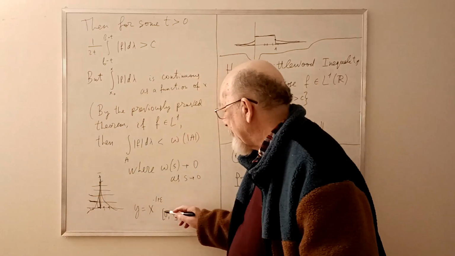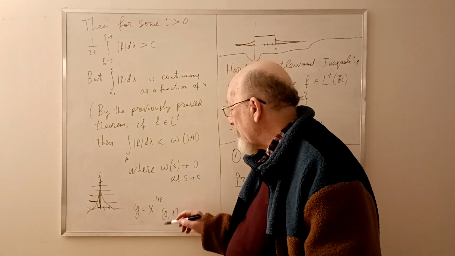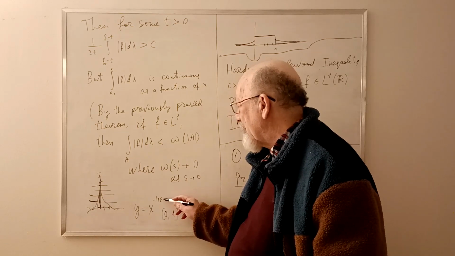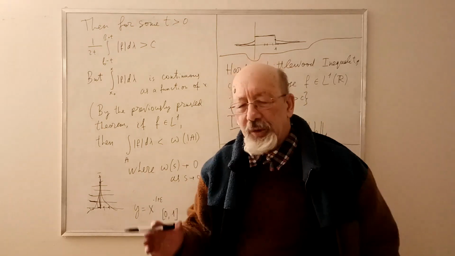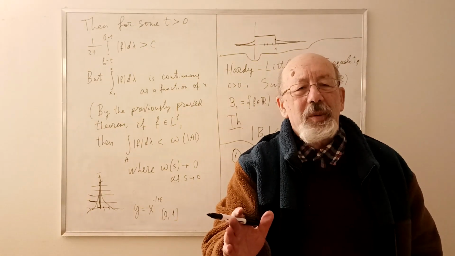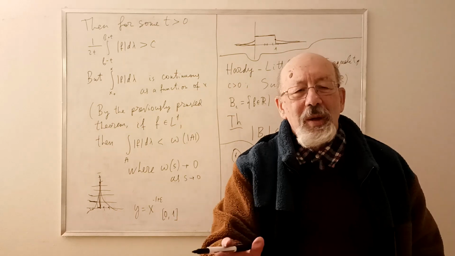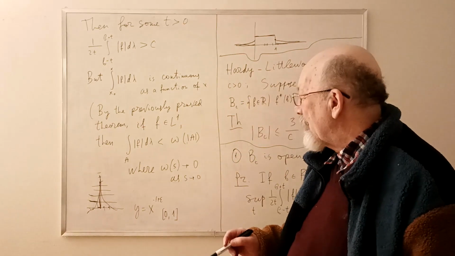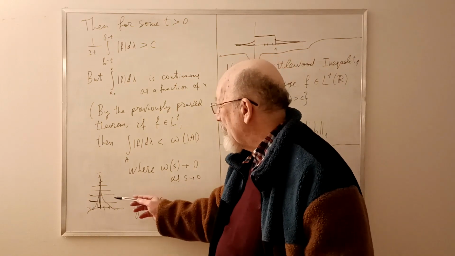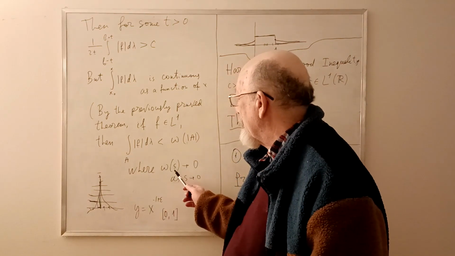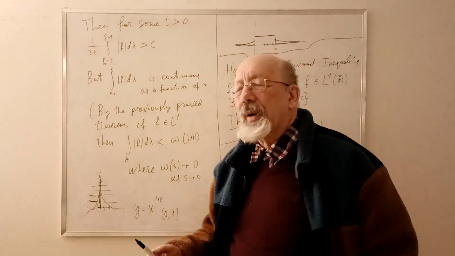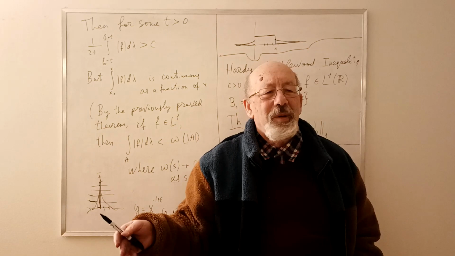Then the integral of this function converges if epsilon is positive. But as epsilon goes to 0, it converges slower and slower, and for epsilon equals 0, it diverges. So near this divergence, the rate of tendency to 0 of the function omega of s becomes slower and slower.